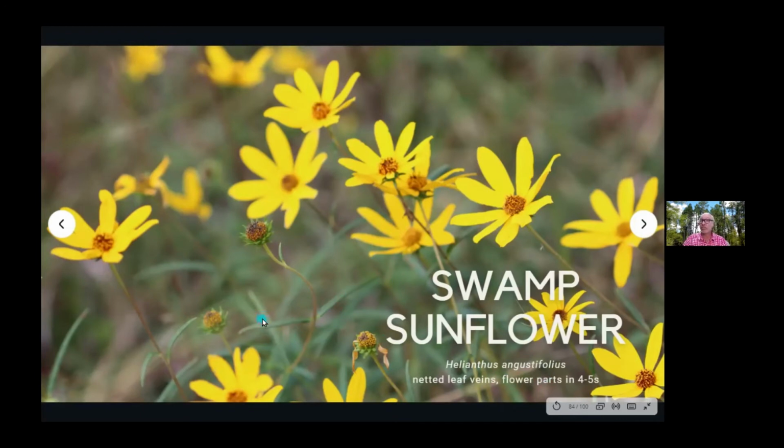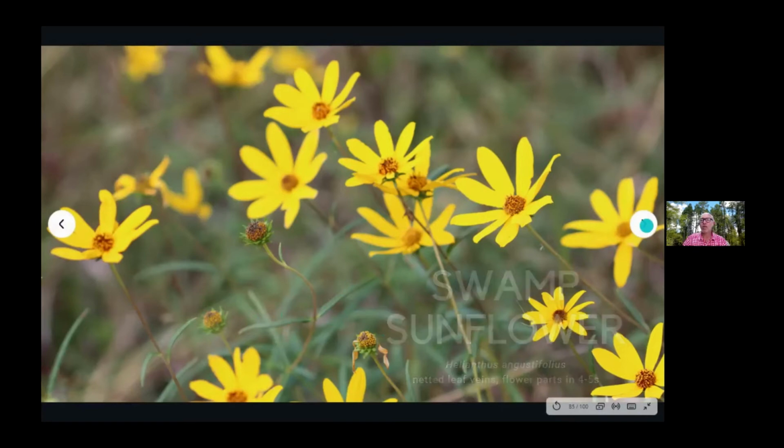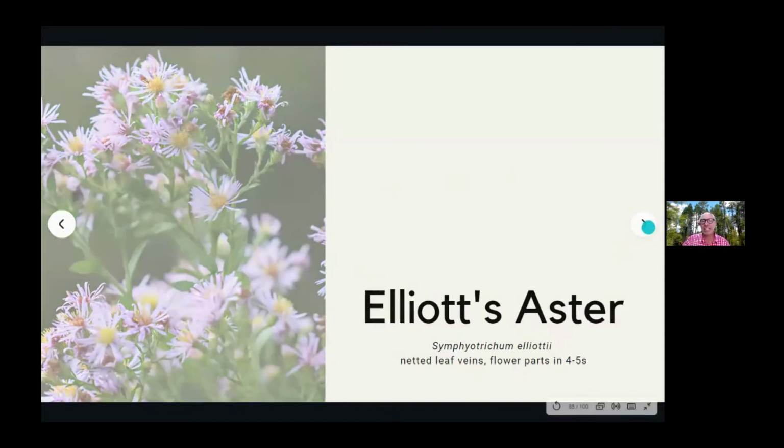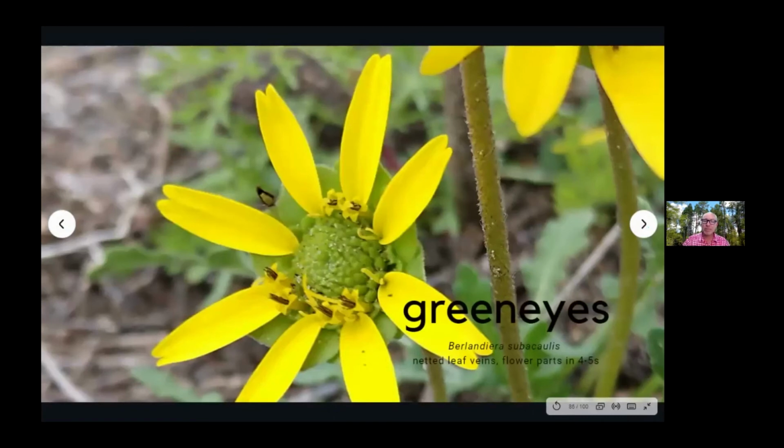Are the leaf veins parallel? Say no. No. They're branched because we're eudicots. Eliot's aster, Symphyotrichum eliotii. Again, you can see, hopefully, that this bears a familial resemblance to all the others in this family, the Asteraceae.